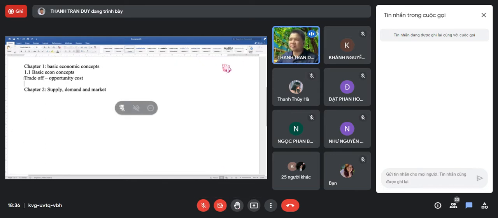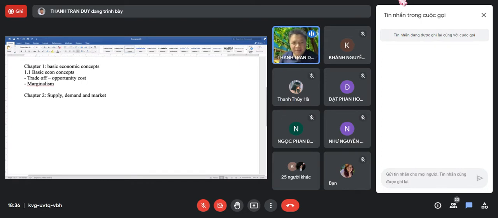Now the second concept will be marginalism. What does it mean by marginalism? Anyone remember what is marginalism or marginal thinking?